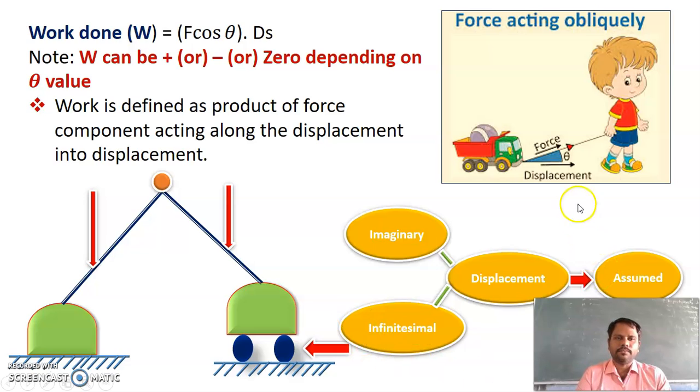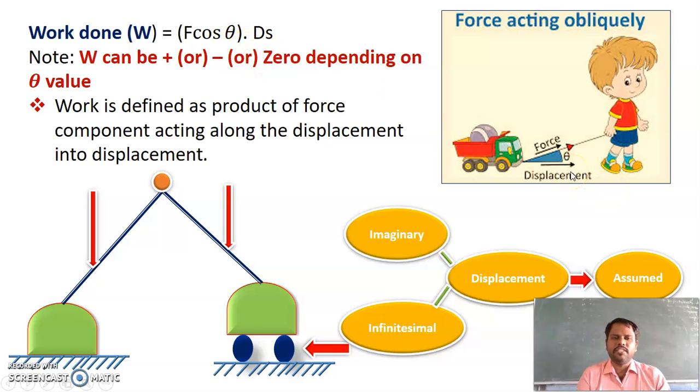We know that when you apply a force, the body gets displaced. If the displacement is in the direction of the force component, then work is said to be done. Work is defined as the product of force component and displacement. Depending upon the angle theta, the work done can be positive, negative or zero.